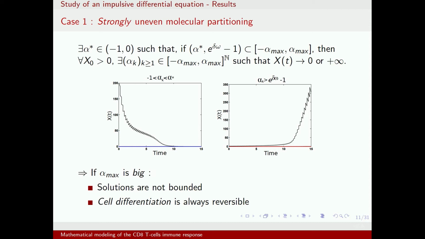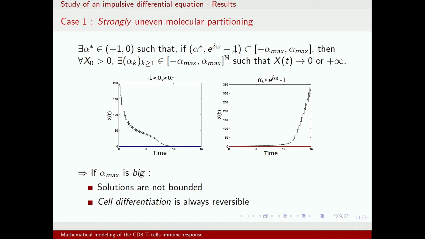The first case is if the molecular partitioning can be strongly asymmetric. By strongly, I mean that this interval (-alpha max, alpha max) is big, bigger than this interval there.